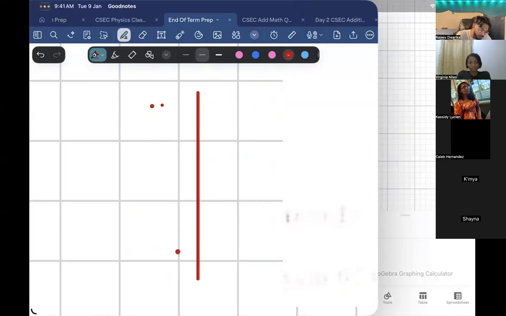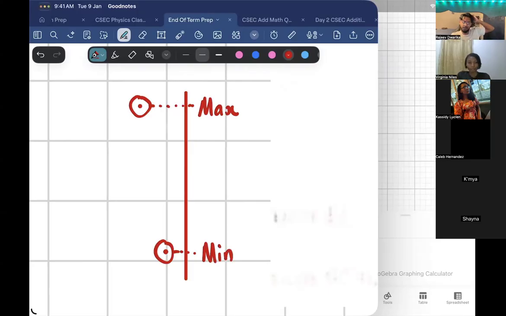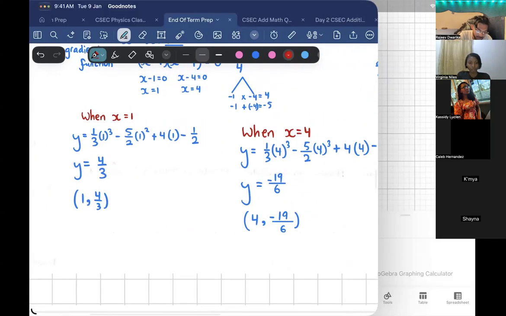Just thinking about it, would you say that this point is a maximum or a minimum? That one would be maximum. This is a maximum, right? Just by looking at the Y value. And you would say that this is a minimum. So what I'm trying to say is, if the Y value is bigger, chances are it's a maximum.